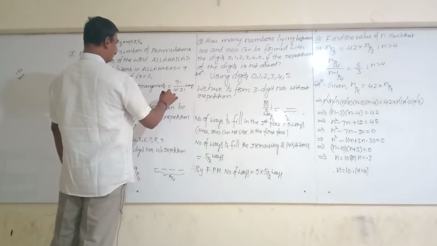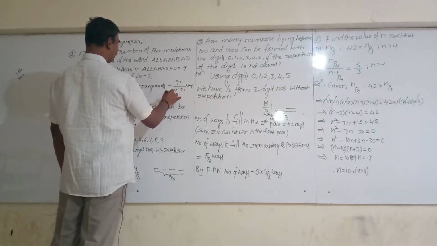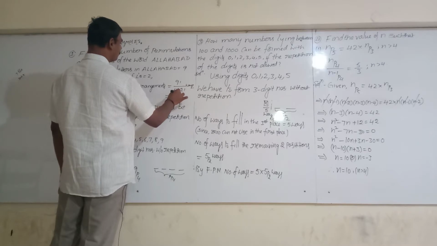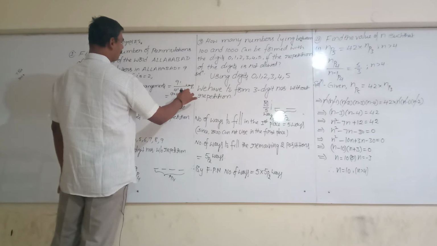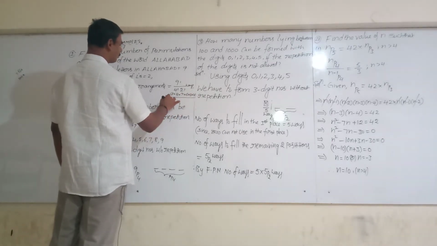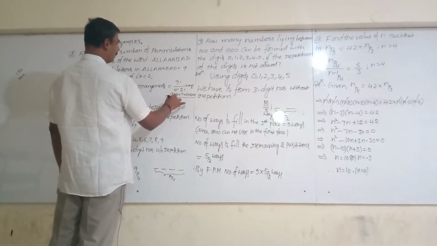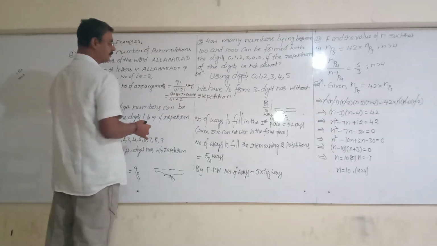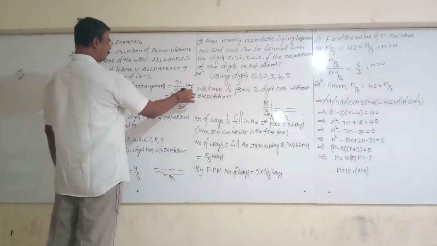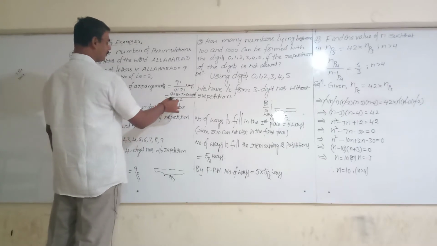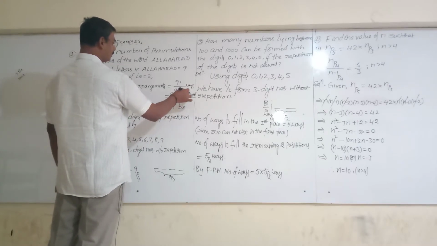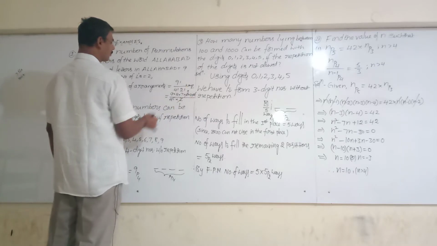To simplify, 9 factorial I can write as 9 into 8 into 7 into 6 into 5 into 4 factorial, upon 4 factorial into 2. Now we cancel that 4 factorial, and the 2 goes into 8, 4 times.